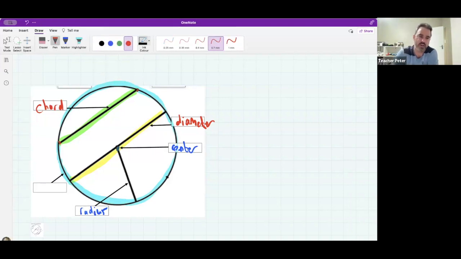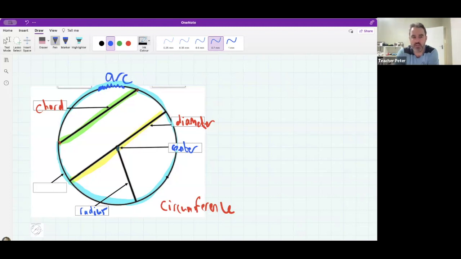It is called the circumference. Yes. And then if it's just a small piece, if it's just like from here to here, that is called an arc. That's called an arc.